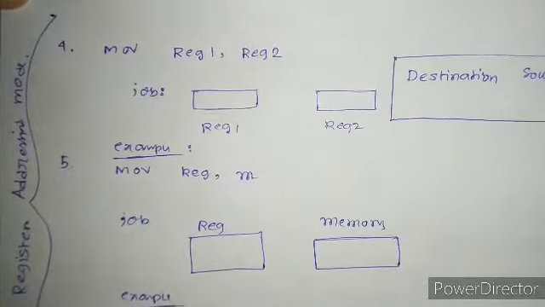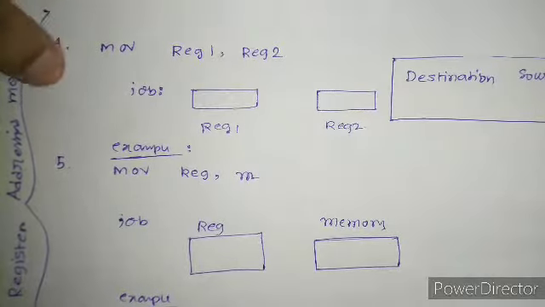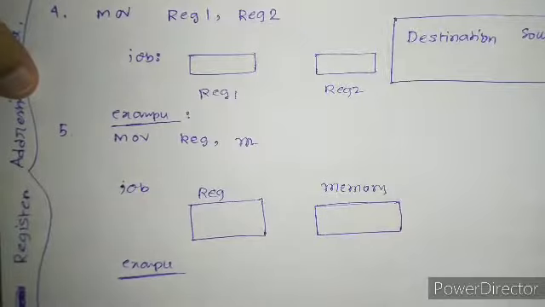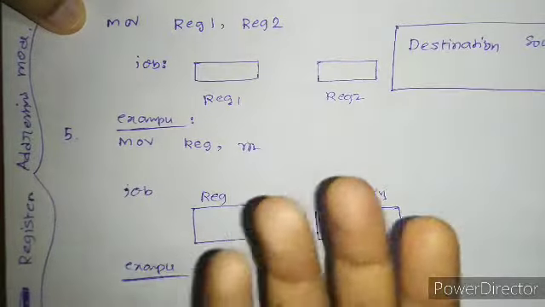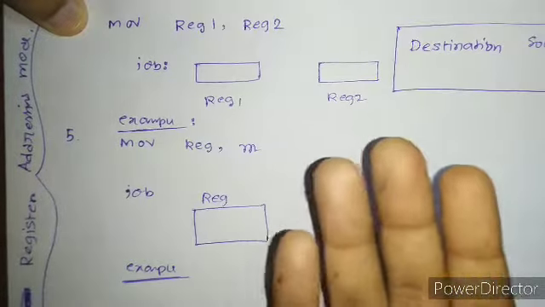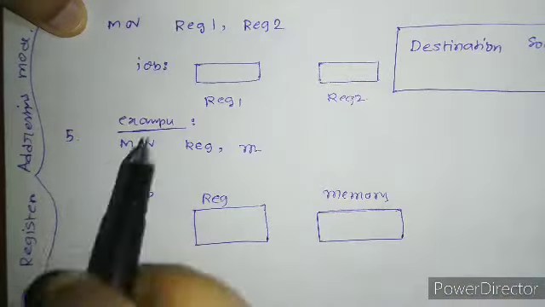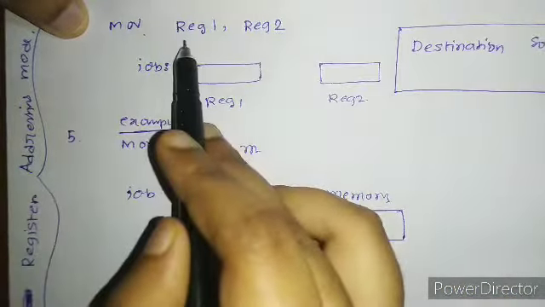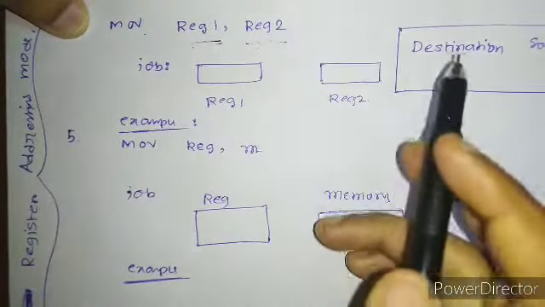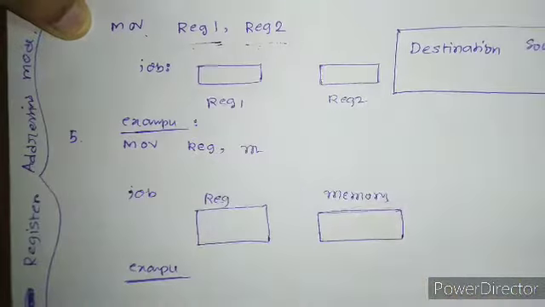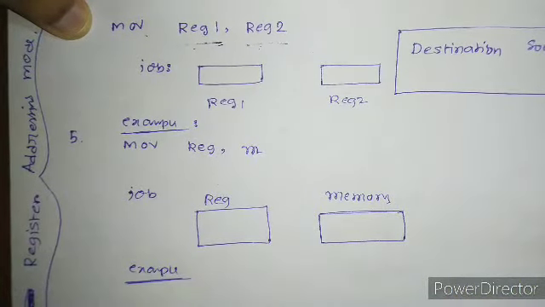Time for the next instruction, which is MOV. Move means data moving or copying, not cutting the data. The syntax is MOV register 1, register 2. This is the syntax, right? What does this instruction do?